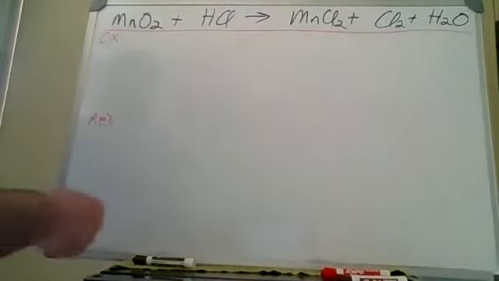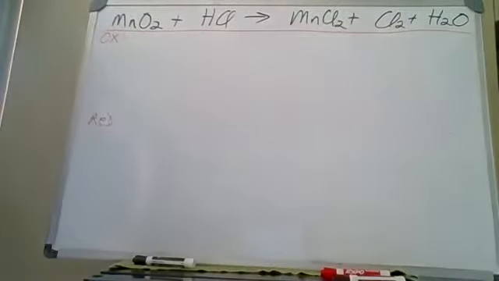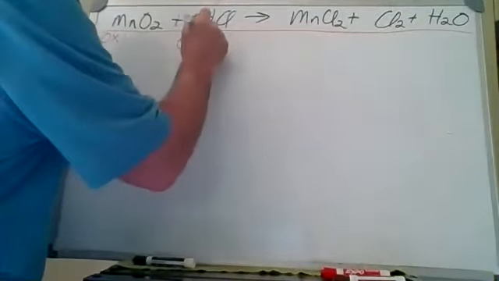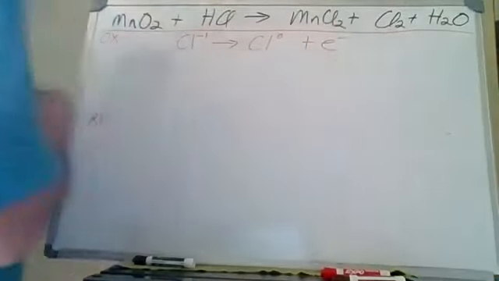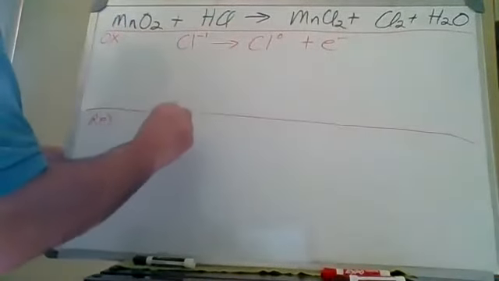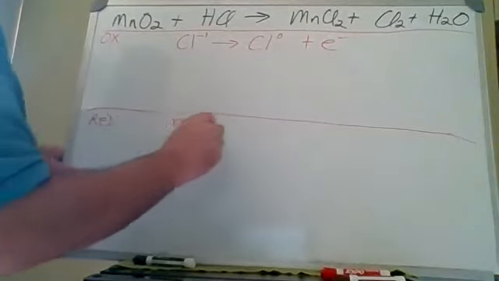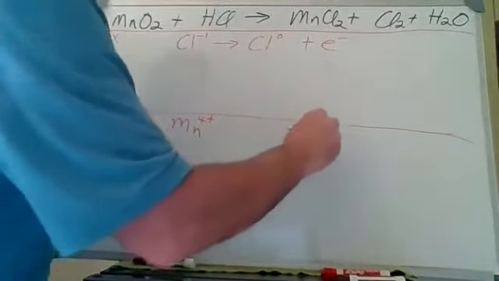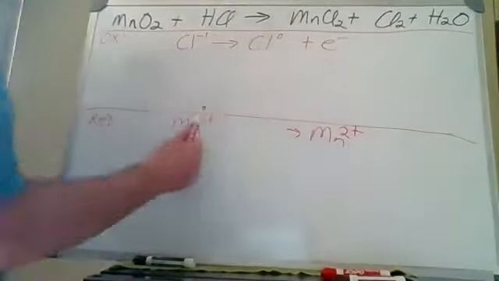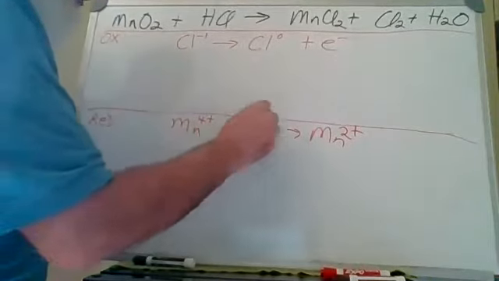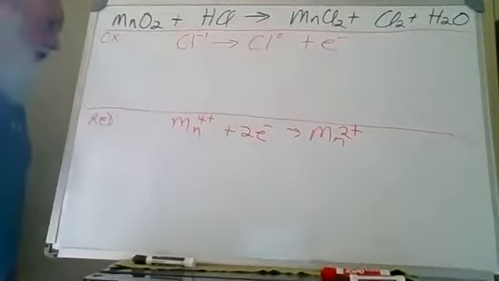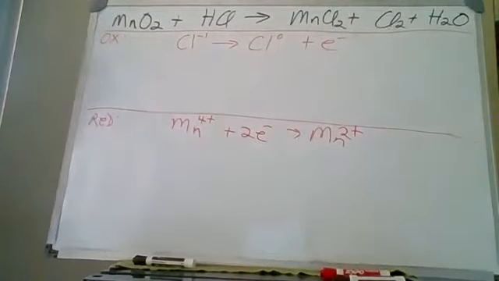So for the oxidation half reaction, it's the chlorine going from -1 to 0, and it's releasing an electron. For the reduction half reaction, it's the manganese starting out at +4, and it's ending up at +2. So I have to add 2 electrons to reduce it from +4 to +2.